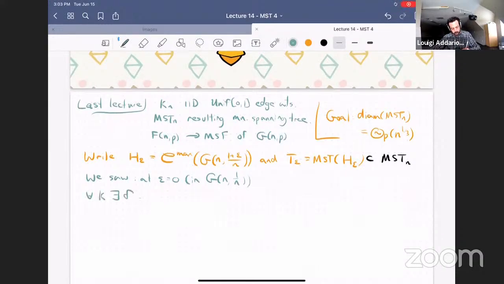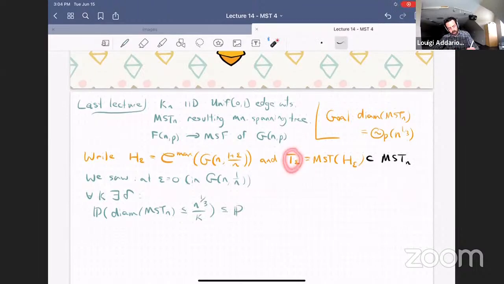So the probability that the diameter of the minimum spanning tree is small, say at most n to the third over k, is at most the probability that the diameter of T_0 is at most n to the third over k, because T_0 is a subtree of the minimum spanning tree. And that's less than delta.